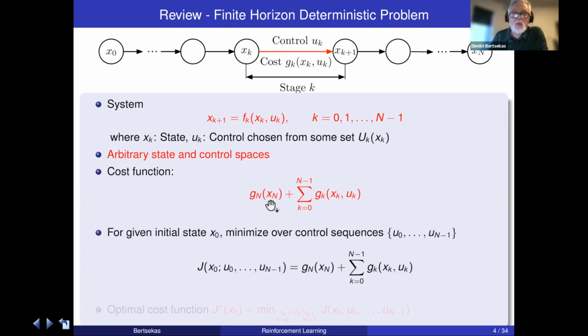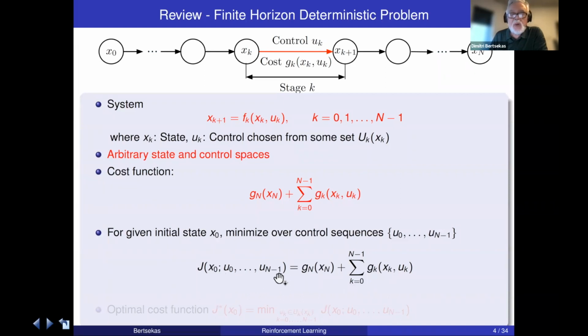Now, the control variables are uk, and there's a sequence of n of them, and we want to minimize the cost over this sequence of controls for a given initial state x0.